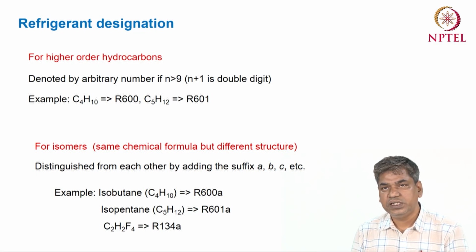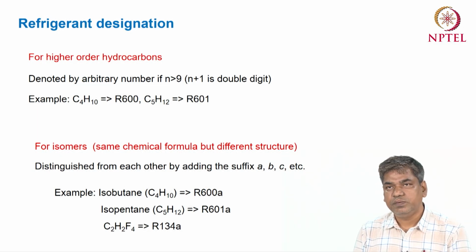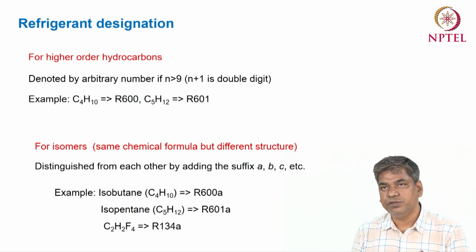So if you designate n-butane as R600, you can designate isobutane as R600A. Similarly, for n-pentane we have used R601, so for isopentane we can use R601A, like that.